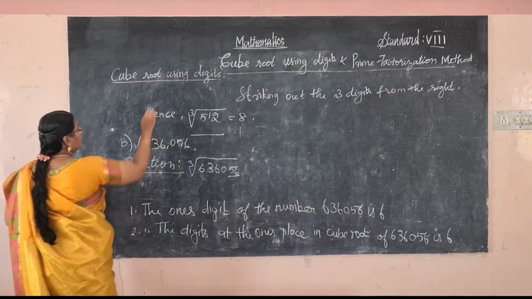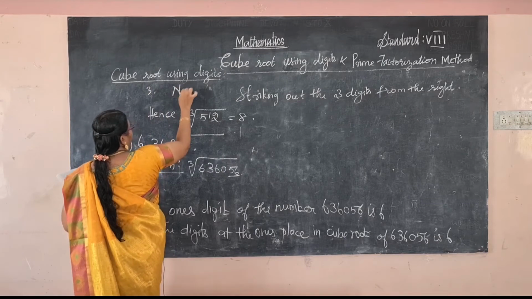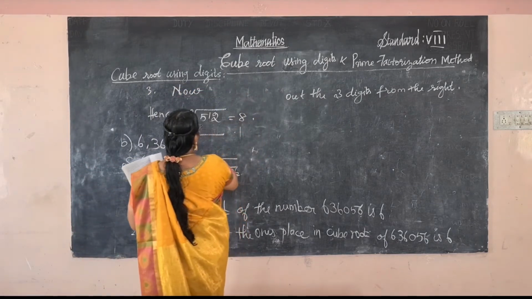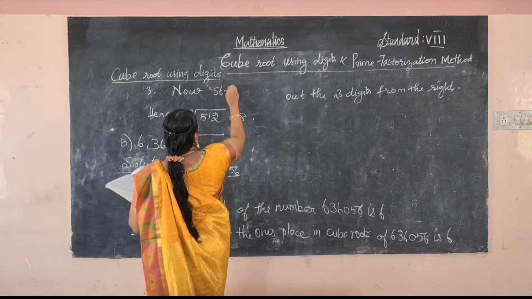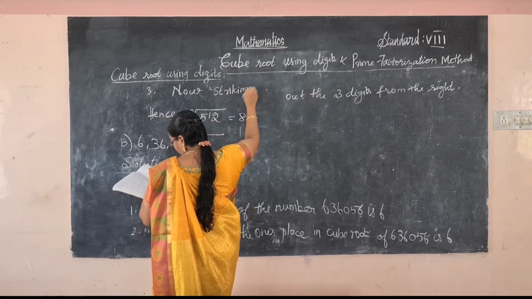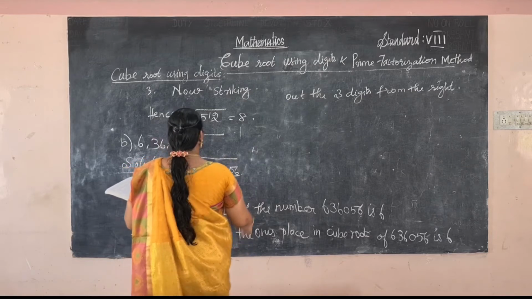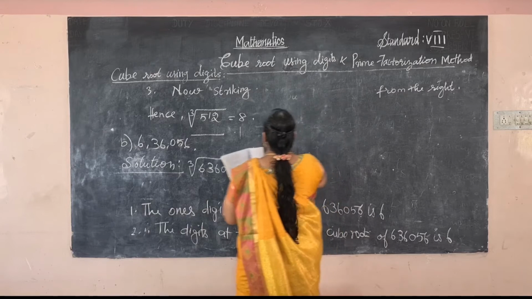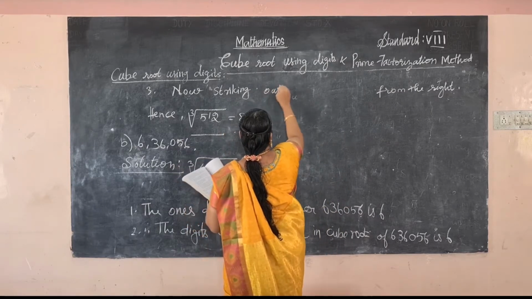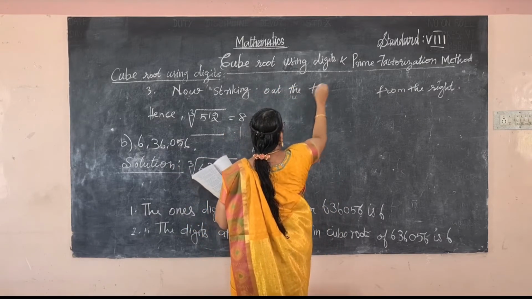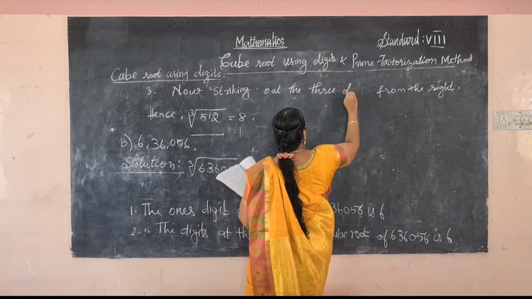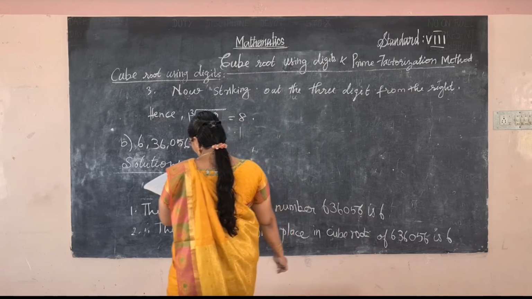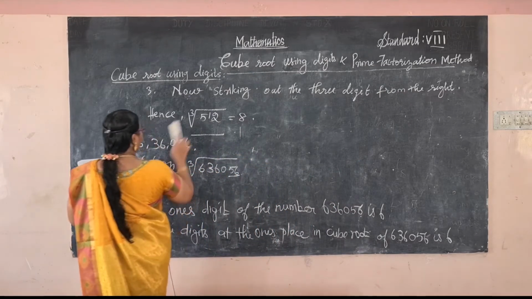Second point and third one. Now striking out the 3 digits from the right, what do we get?